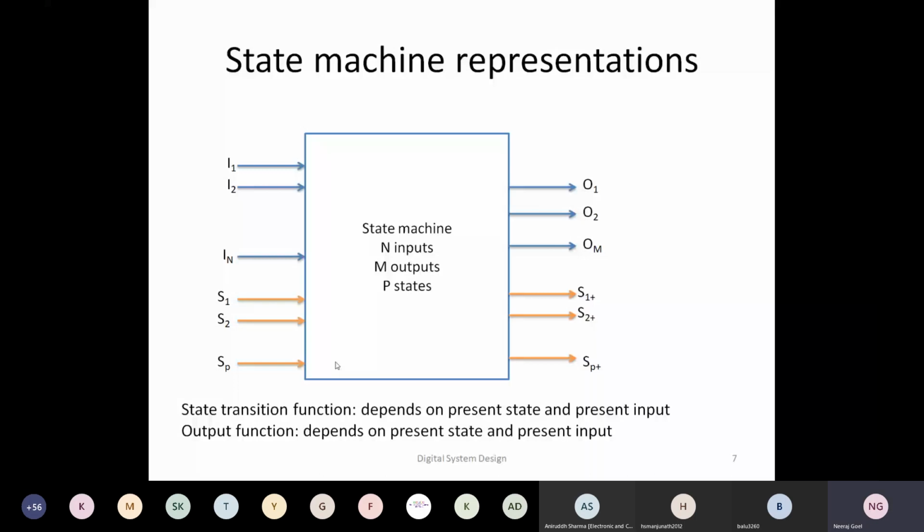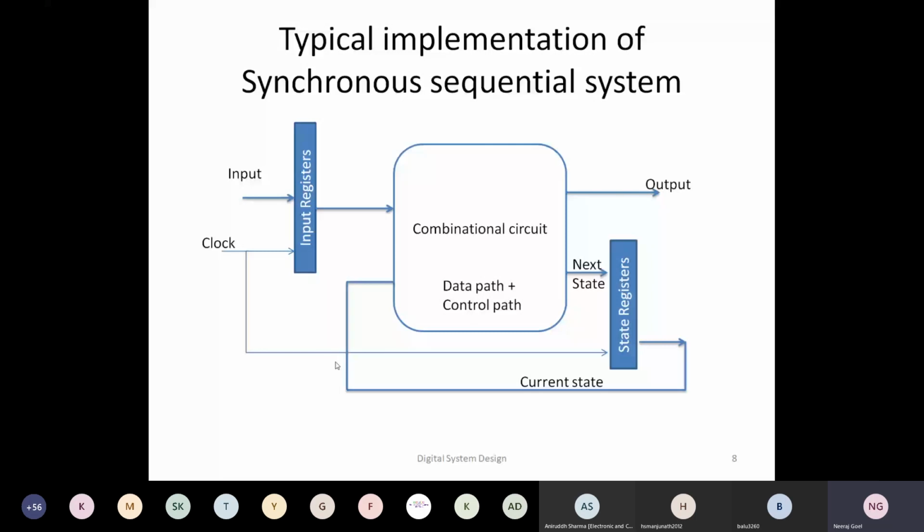So this is a typical state machine, and the typical implementation would be something like this. You will store all the states into some state registers, and there would be input. Input need not be registered, but I'll discuss why I have kept this input as registered.